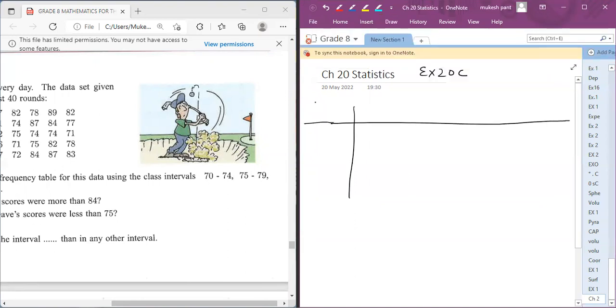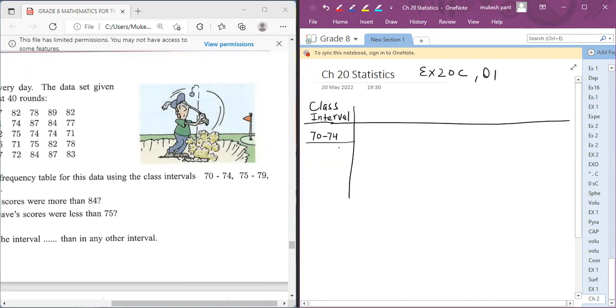In short, you can write CI. So this is question number 1. The first class interval is given: 70 to 74.